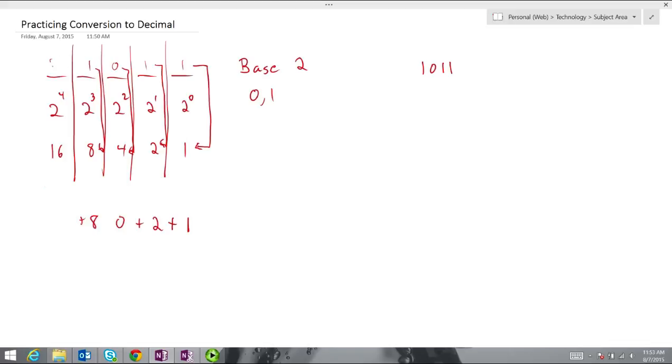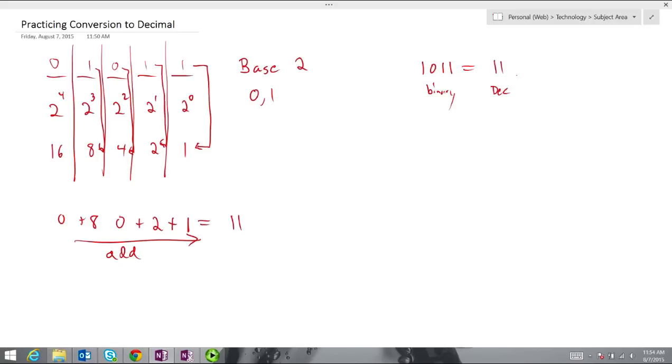You can think of that leading number as a leading 0, so 0 times 16 would be 0. I add across, so 8 plus 2 is 10, plus 1 is 11. That's the decimal number 11. So 1011 binary is equal to 11 decimal.